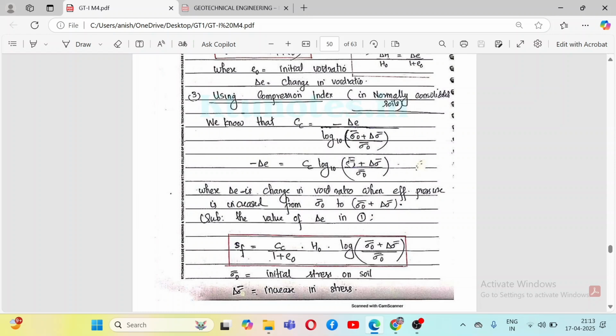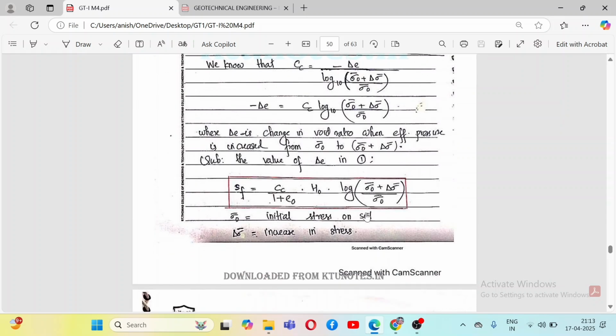We can take this to the other side, so minus delta e is equal to Cc log to the base 10 of (sigma naught dash plus delta sigma dash) divided by sigma naught dash, where delta e is the change in void ratio when effective pressure is increased from sigma naught dash to sigma naught dash plus delta sigma dash.